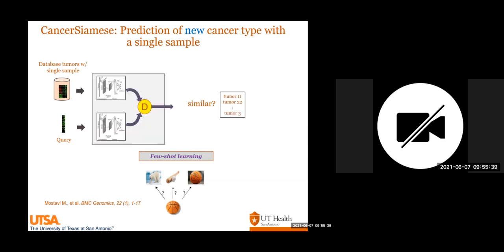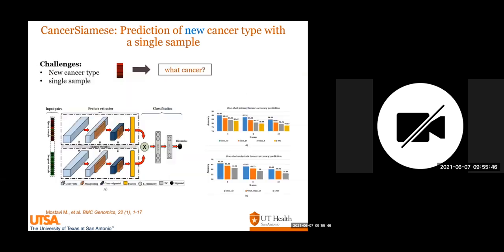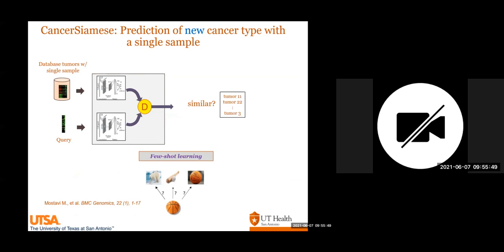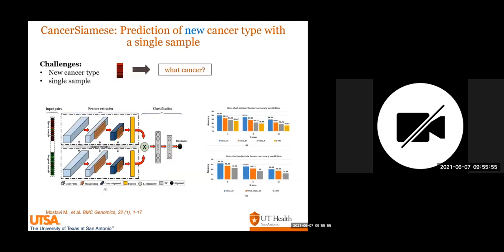Okay, so for that purpose, this is the type of model that we built, and the model is able to tell you the similarities of the query with each one of the tumor samples in the database. So here, what I'm showing you are the so-called few-shot learning performances, or one-shot learning. Actually, in the database, we have only one sample for each tumor. So here are the one-shot learning performances on predicting primary cancer and predicting metastatic cancer types.